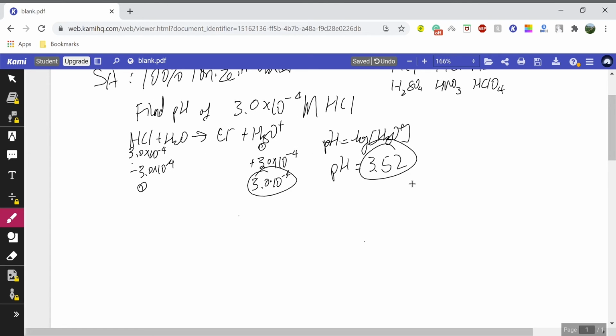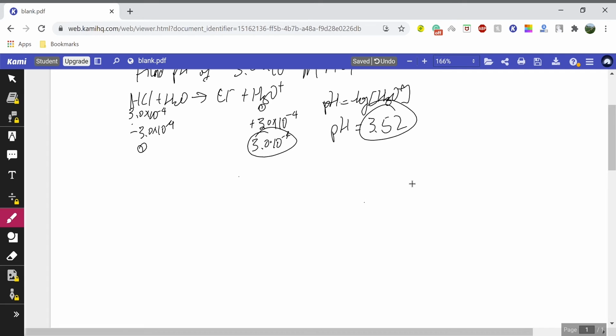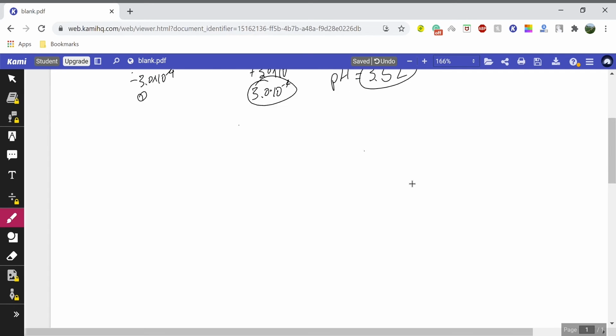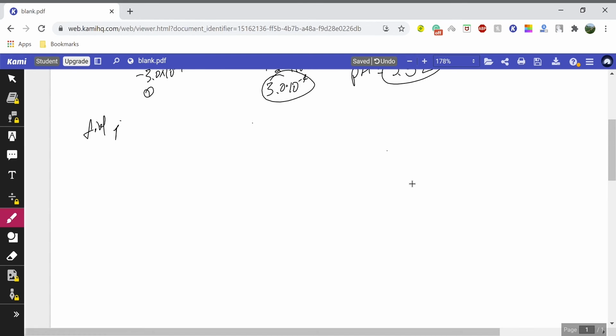Now weak acids do not ionize completely in water, so that's when we need to start using Ka in the equilibrium equation. So for example, we find the pH of a 2.8 molar solution of HOCl. Now we first need to write an equation, HOCl plus H2O. What will happen?